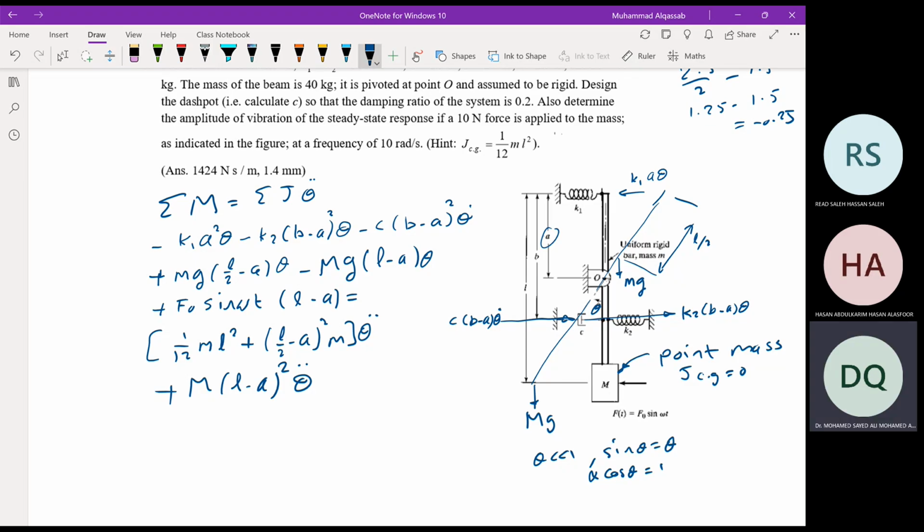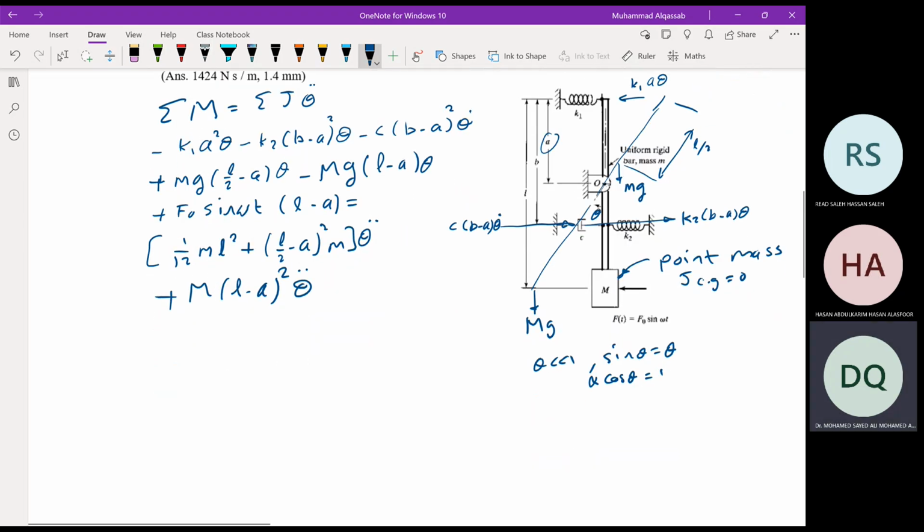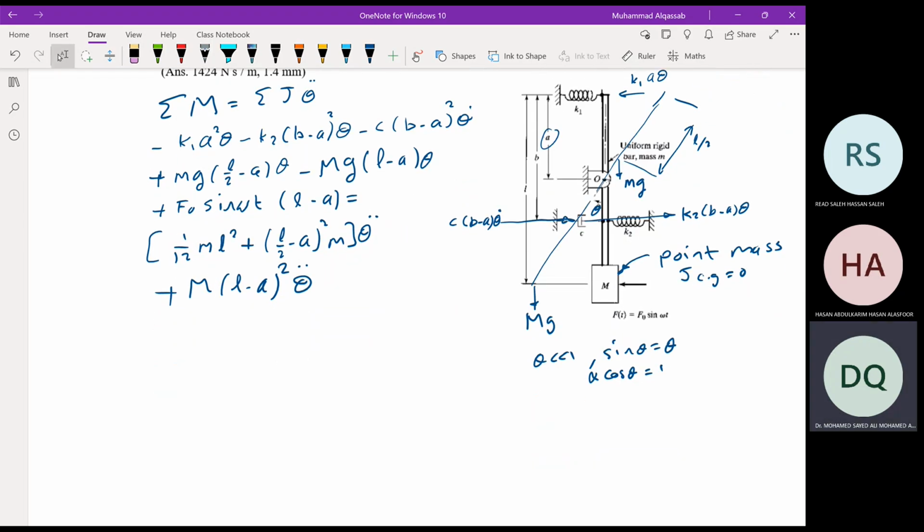Okay, and then you simplify, you add the similar terms, the terms that are multiplied by theta, and the term that is multiplied by theta dot. There is only one term with theta dot, and then theta double dot. I will not simplify it fully, because it will take time if I substitute everything.